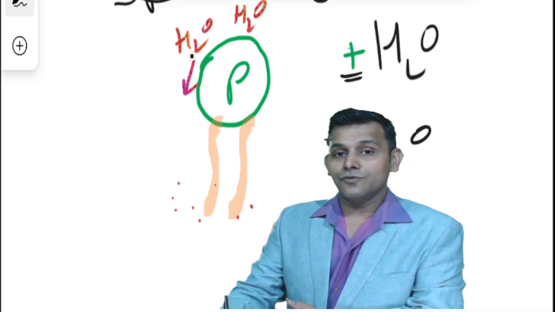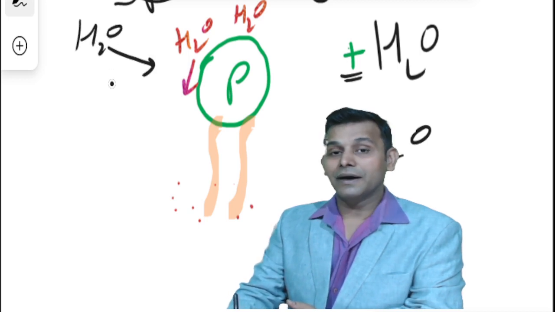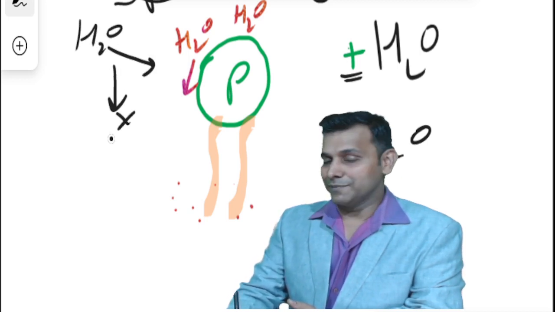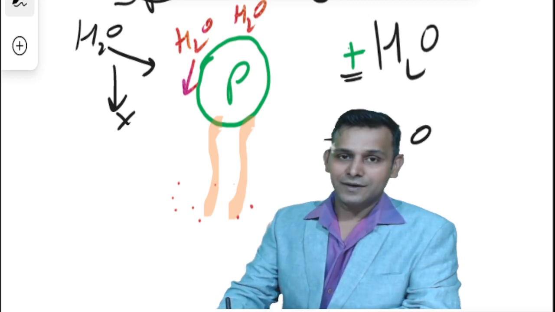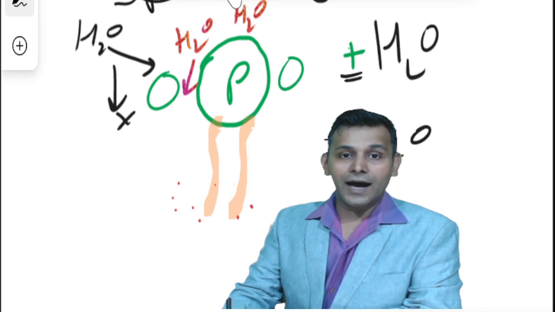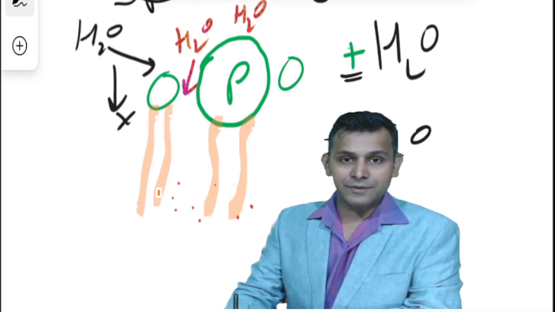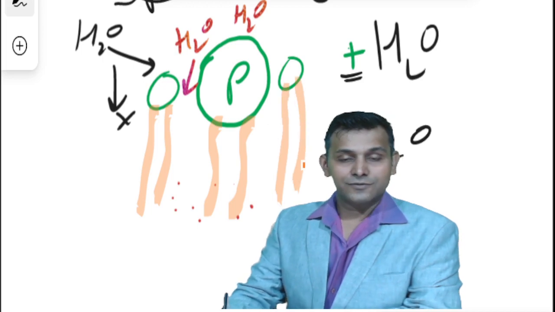So water can come near the cell membrane, but it cannot cross the cell membrane. If you place many such molecules, you can have an environment which is water loving from outside, but water hating on the inside.